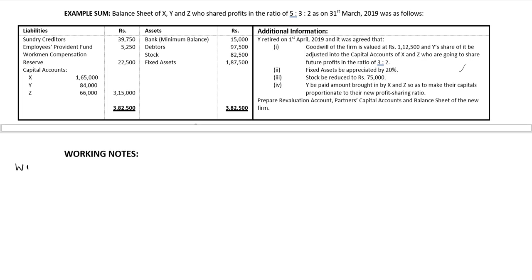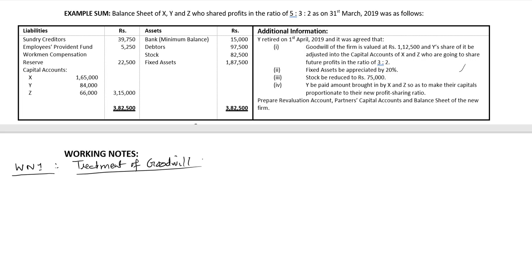So the working note 1 is for the treatment of goodwill. Firm's goodwill, as given in the point 1, it's rupees 1,12,500.